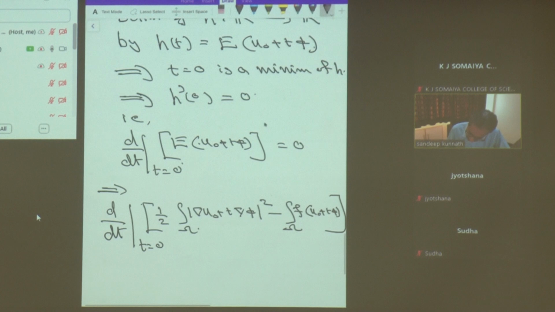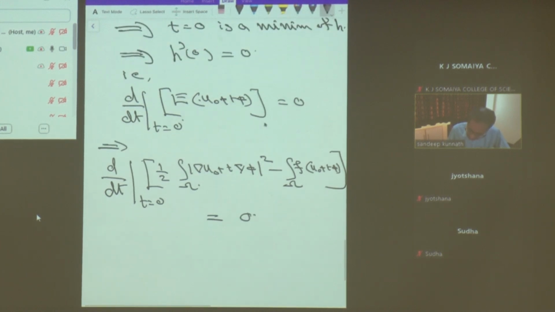We know that this derivative is going to be, when you differentiate the first one and evaluate at t equal to 0, integral over omega gradient of u naught dot product with gradient of phi. It's a direct differentiation. You can differentiate under the integral sign; it can be justified.